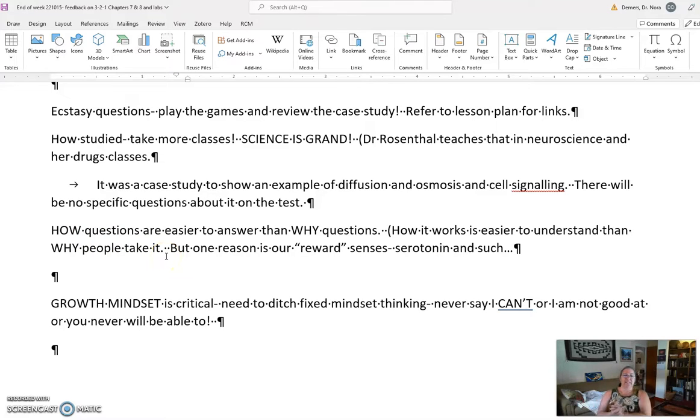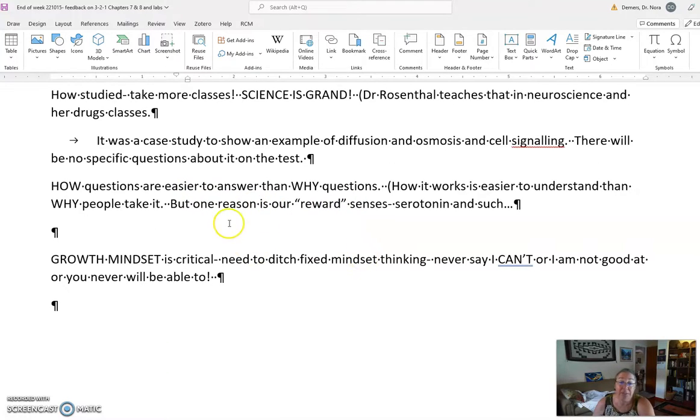When people asked why people take ecstasy, there are so many reasons, but one is the mechanism. It's our reward center. Remember that video: you're releasing serotonin and taking it up with all these different receptors. That's the mechanistic explanation. The need for a mechanism is huge in science and understanding.